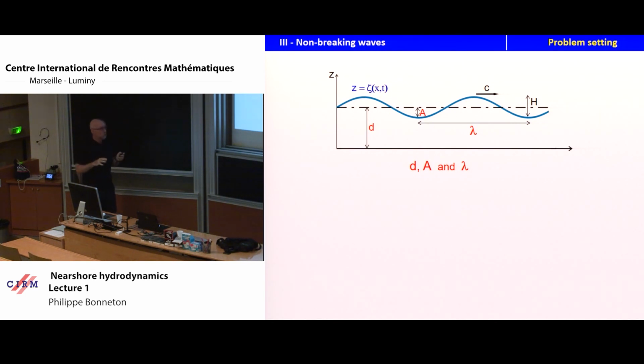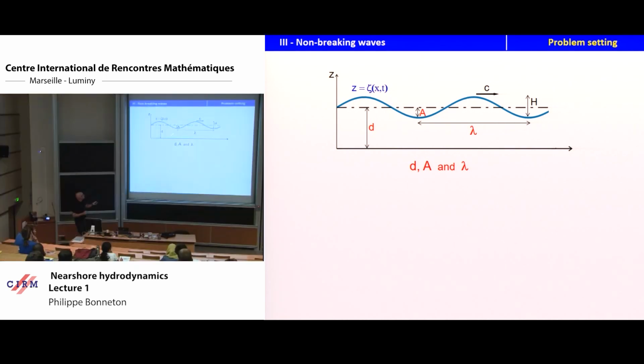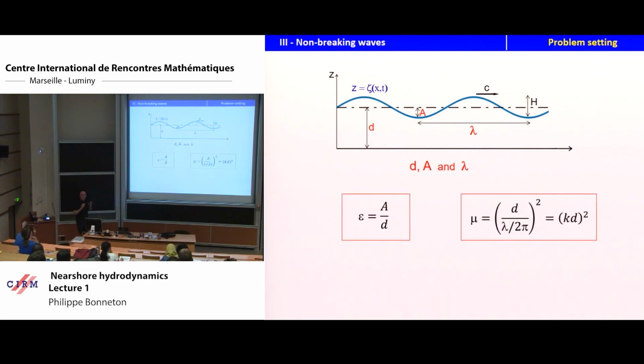In our approach, for one x position, there is only one zeta value. So wave overturning is not included in our approach.